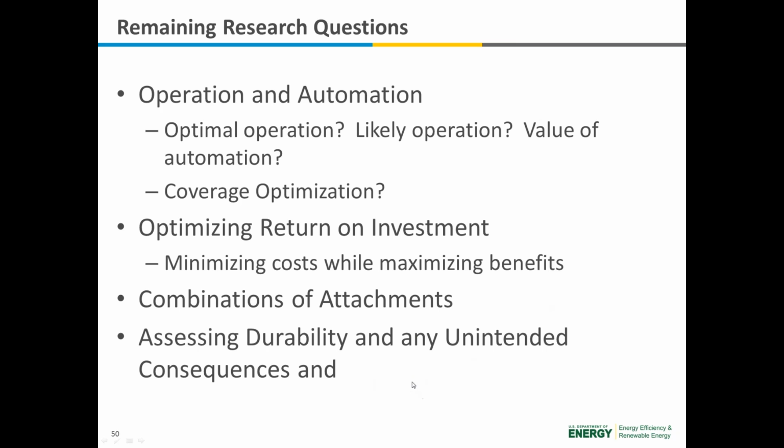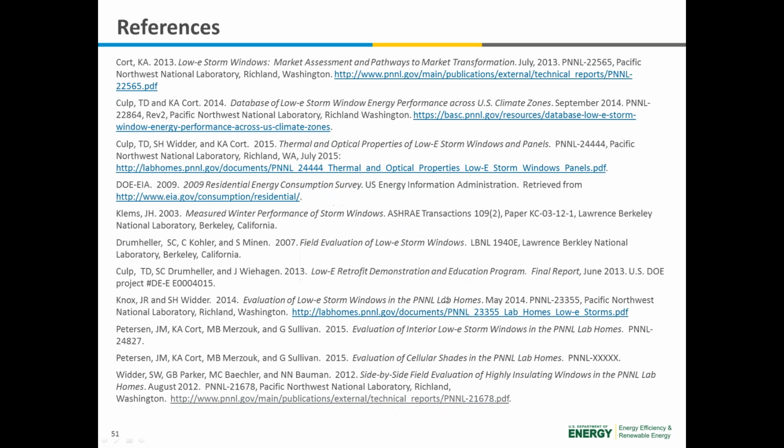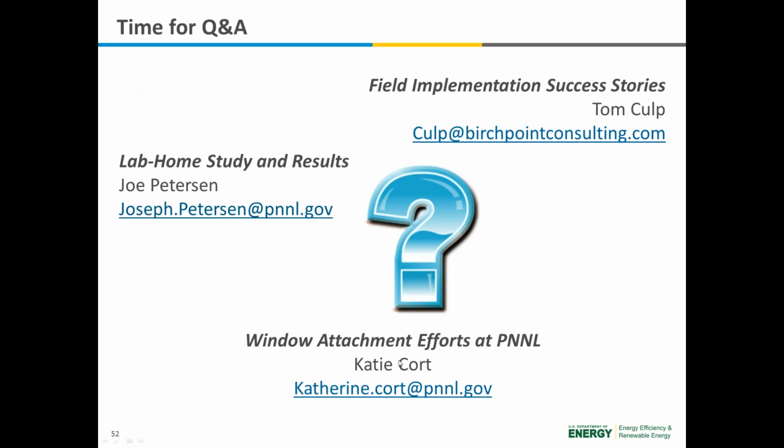So I guess this goes to saying, what is the durability of some of these low-E storm windows, and what's the lifespan of them? These things all need to be tested. And then with that, I think that's it. So we have questions.